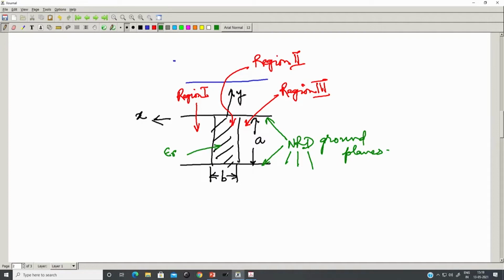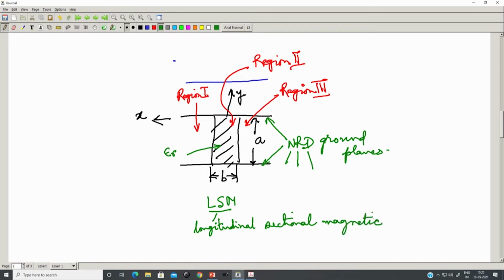So, then the modes in the NRD are either LSM. LSM stands for longitudinal sectional magnetic.